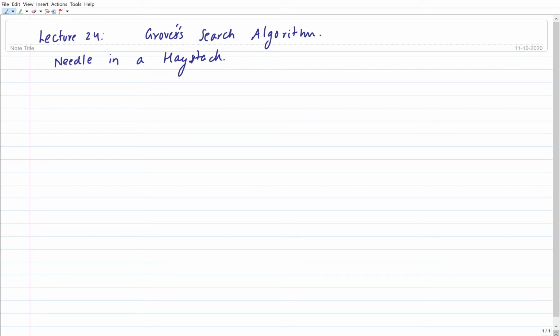Of course, this was given by Lov Grover, an Indian American scientist. Essentially the idea is that let's say you have a number to be found in an unstructured phone directory.